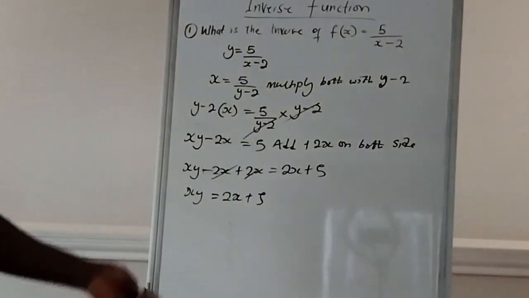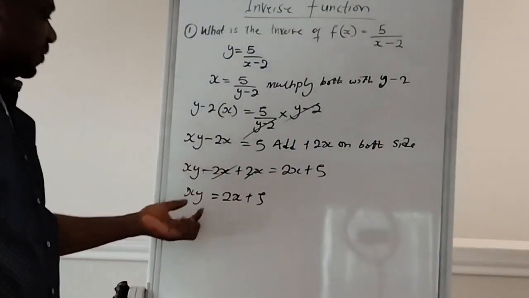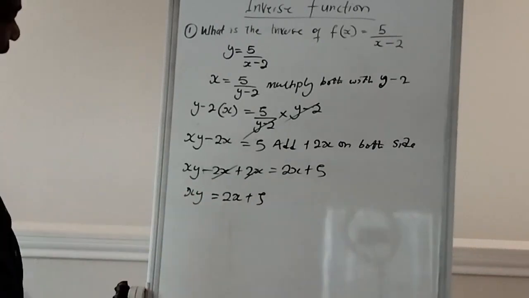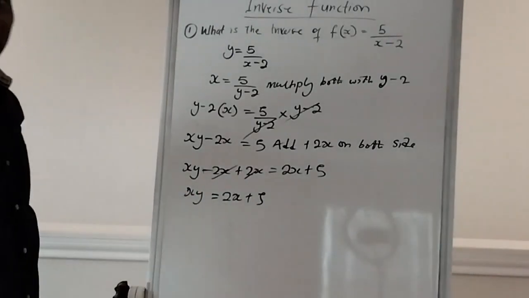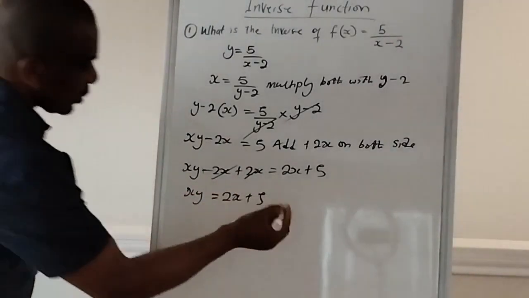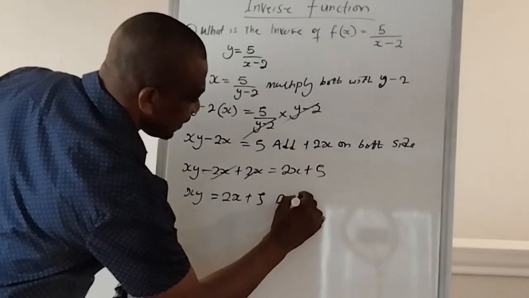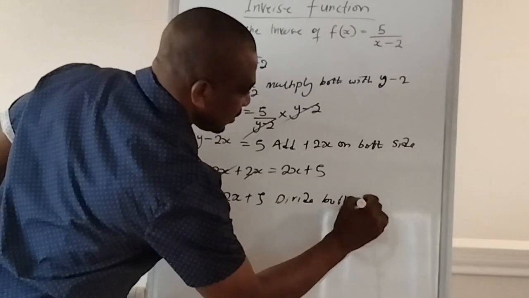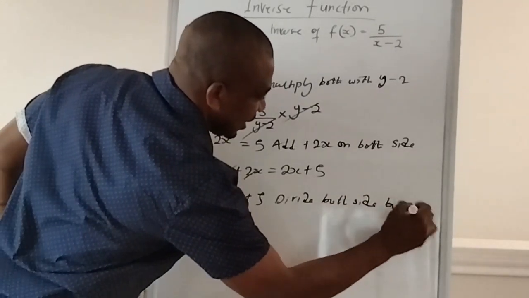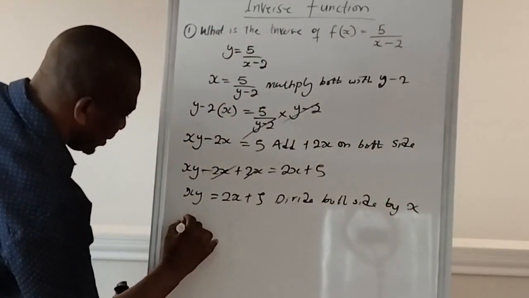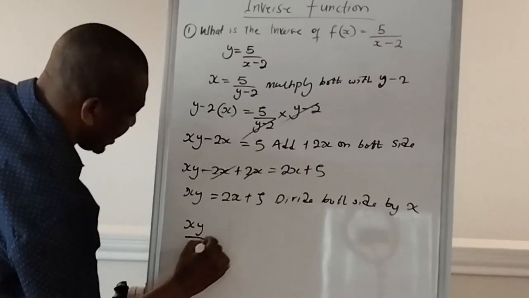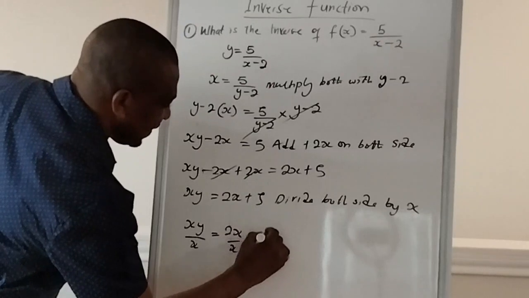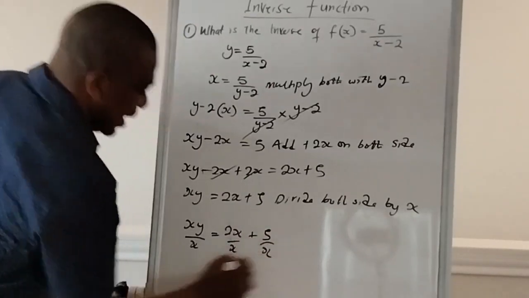Now the next step is to divide both sides by x so that we can isolate y. That becomes xy all over x equals 2x divided by x plus 5 divided by x.